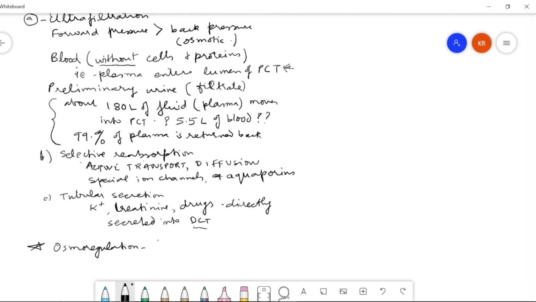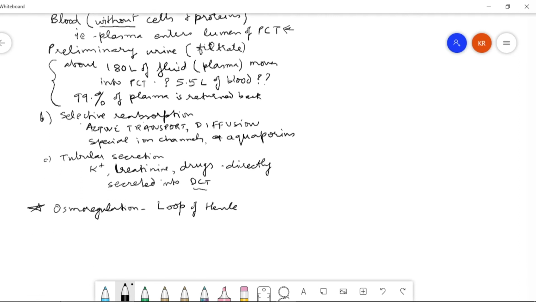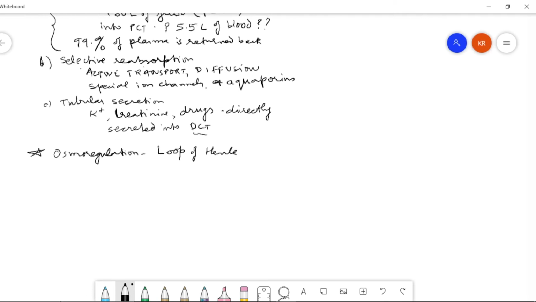Which will take place in the loop of Henle. As we have seen, there are two limbs to it. One is called the descending limb.